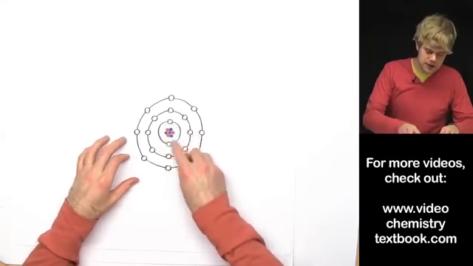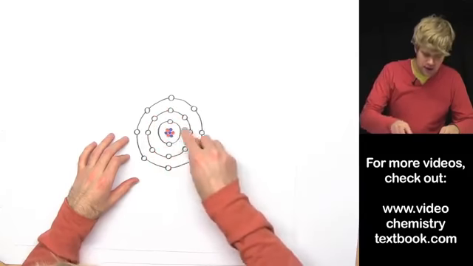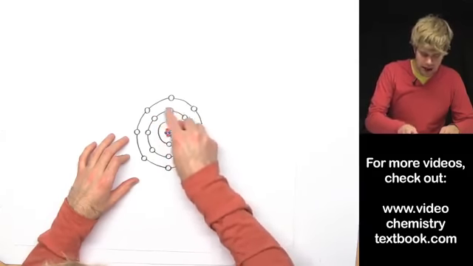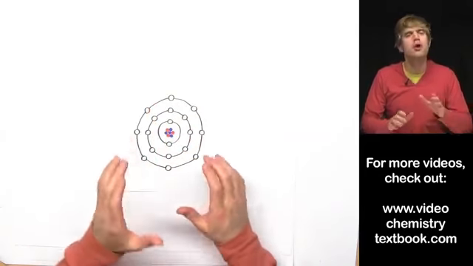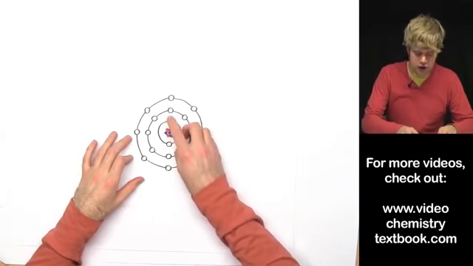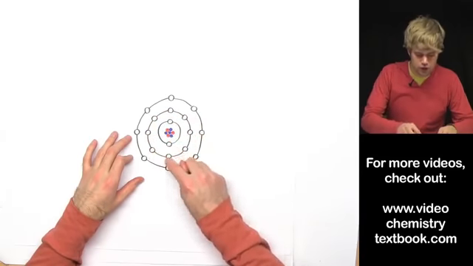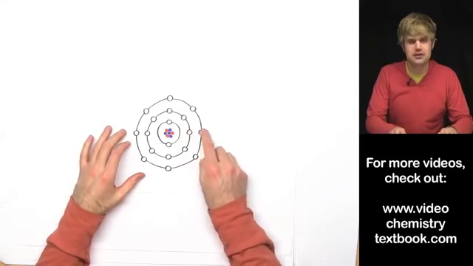You can think of these energy levels or shells sort of like they show the path that the electrons would take as they're spinning around the nucleus here. But also, energy levels or shells arrange electrons into different groups that are varying distances from the center of the atom.